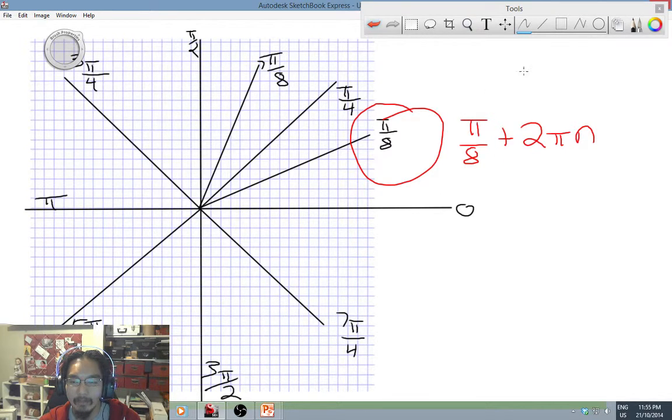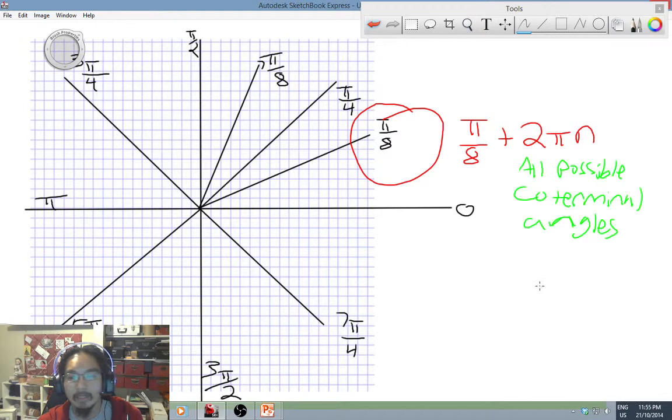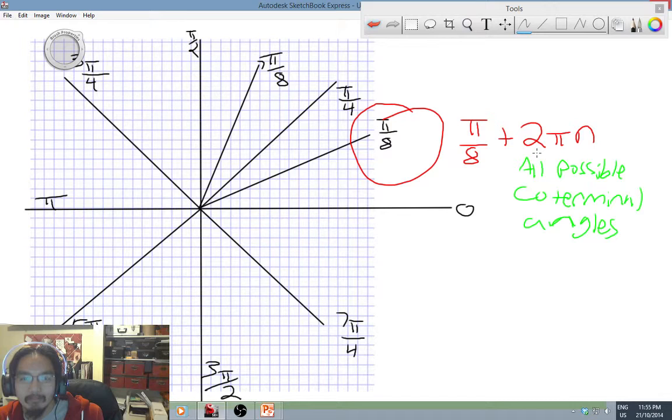This is all the possible coterminal angles. All I did was add a 2 pi times n. That's all you need.